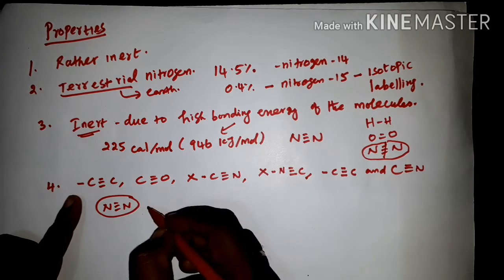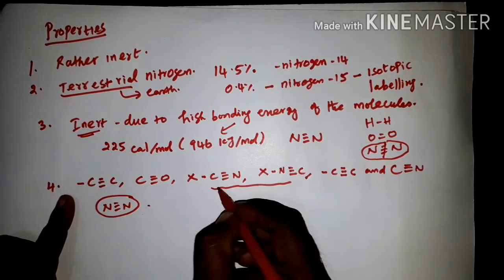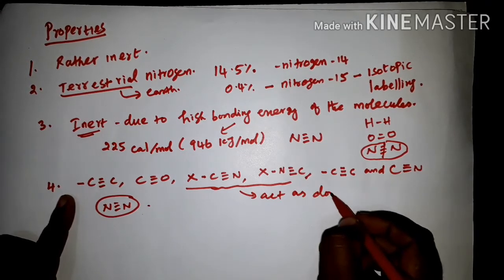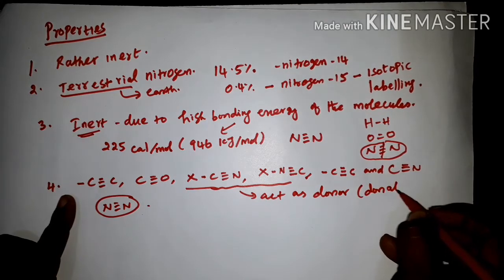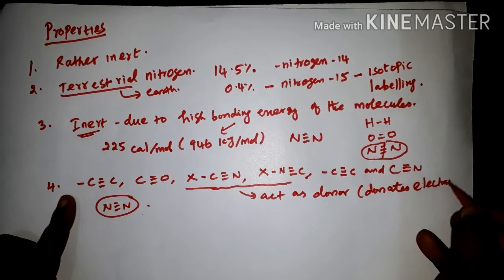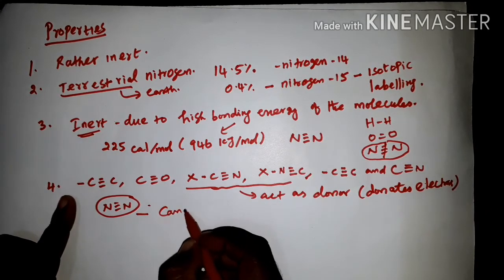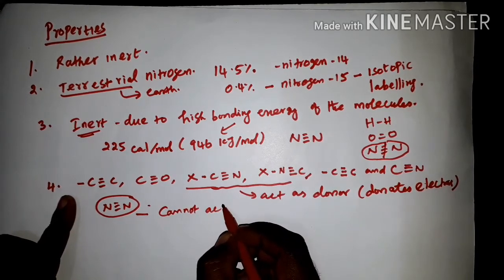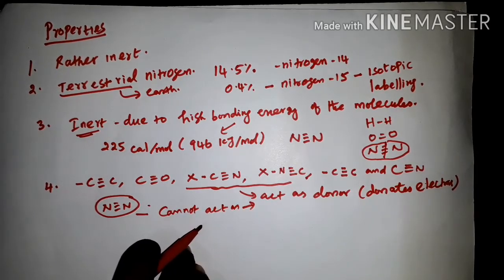Okay. And all these groups act as donors. Donor means it donates electrons. But nitrogen, even though it has a triple bond, cannot act as an electron donor.